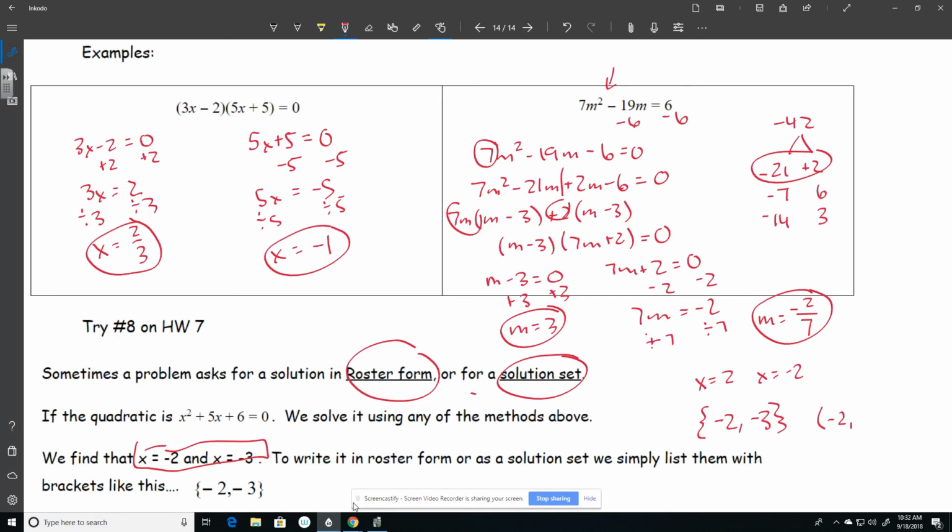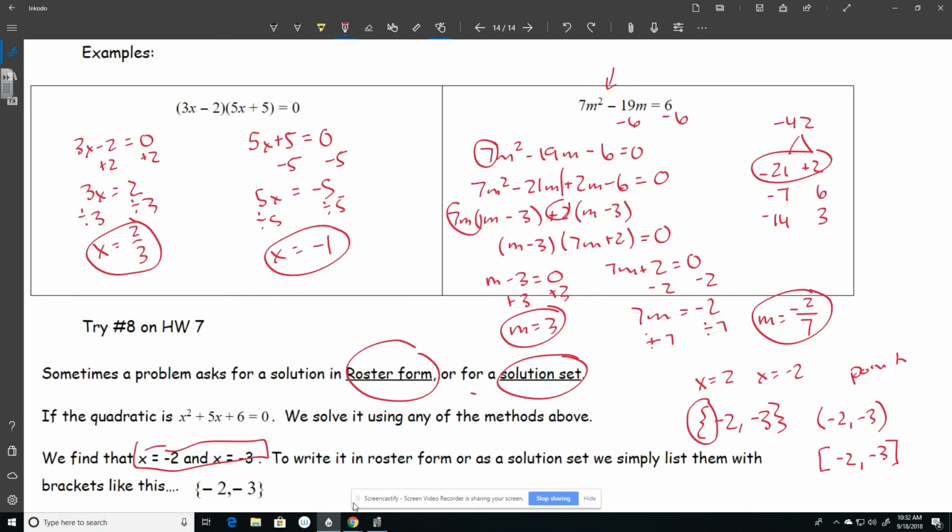If I put -2 comma -3, that means a point on a graph. If I put the bracket -2 comma -3, that means all of the numbers between -2 and -3. I have to use the fancy little brackets like this. That means that that -2 is a solution and -3 is a solution.